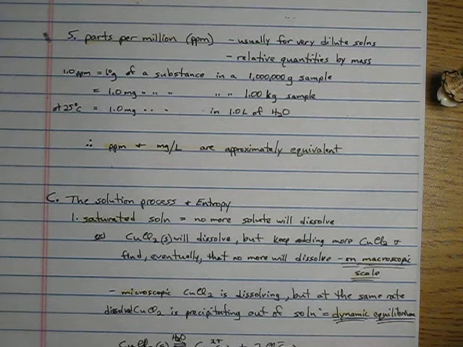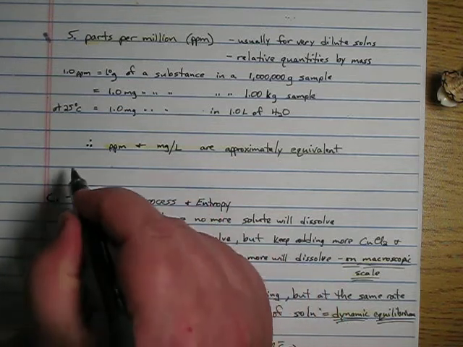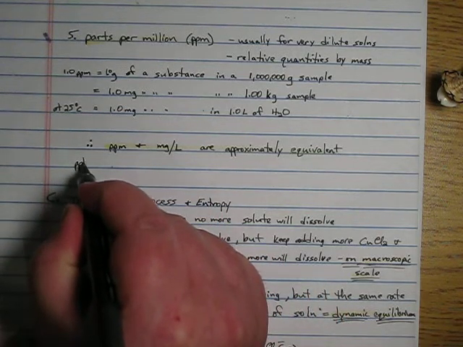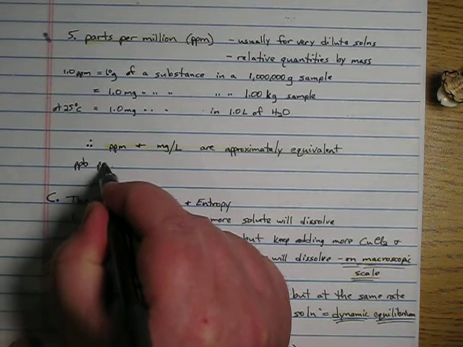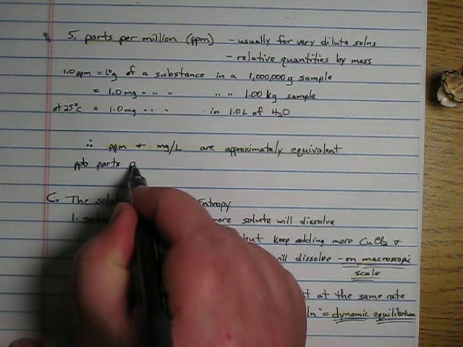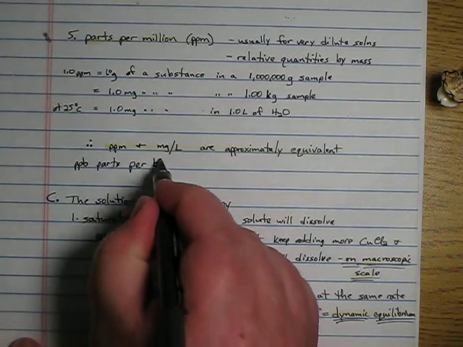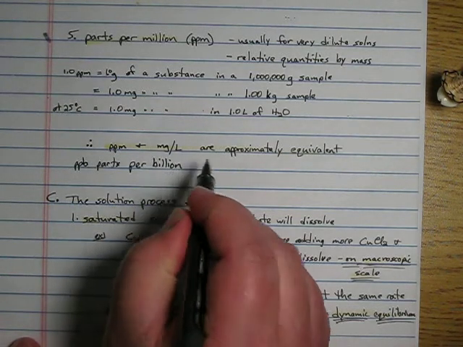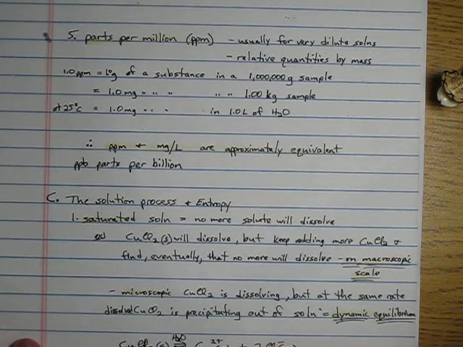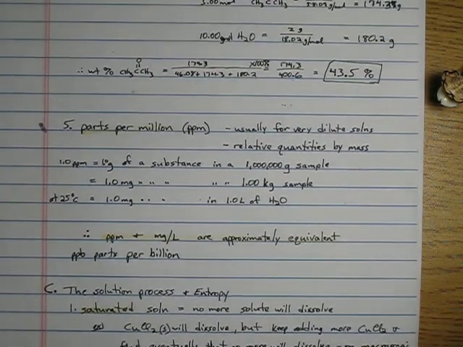However, there are some things that we really don't want in water, some things that are even less concentrated than that. And so instead of parts per million, there's another term, parts per billion, ppb. And you calculate parts per billion the same way you did up here.